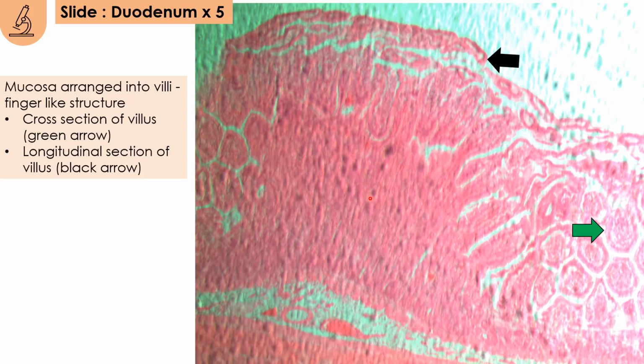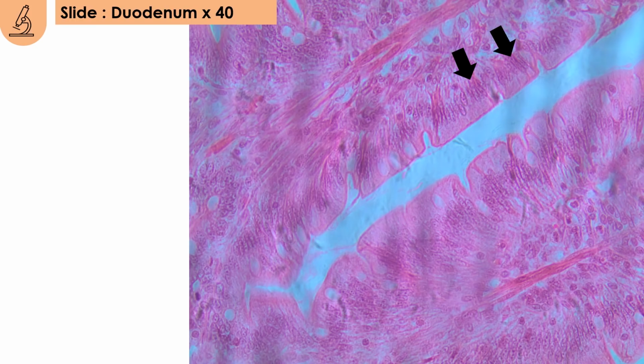Now let's focus on this part only. I want to show you only this part because we only want to view the epithelium. So this part is the epithelium. Beneath it is the lamina propria, and this is the muscularis mucosa. Under higher magnification, this is times 40.